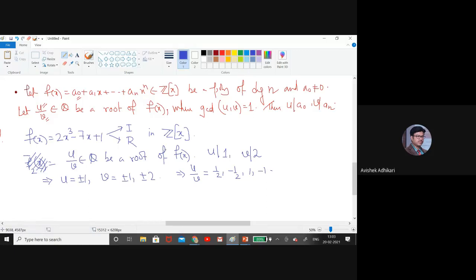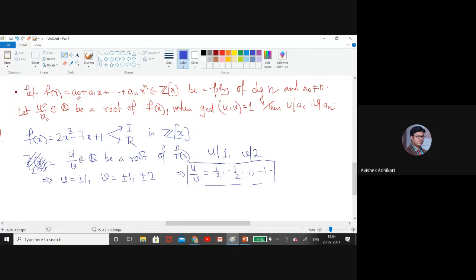Now, instead of looking at all possible values of Q, you just need to check whether these values are roots of this polynomial or not. You can put these values and check whether the value becomes 0 or not. If you find that by putting these values inside this f(x), none of them becomes 0, then your conclusion will be that this cannot be a root of this polynomial.